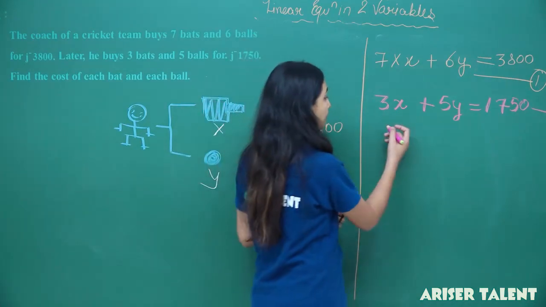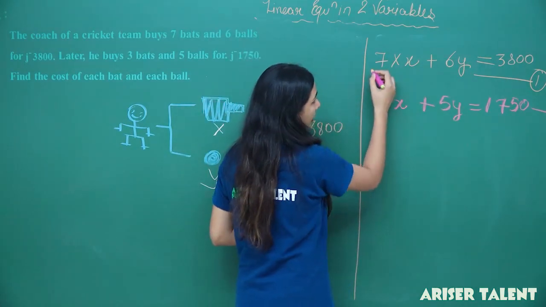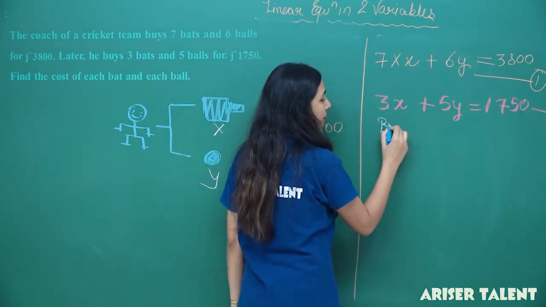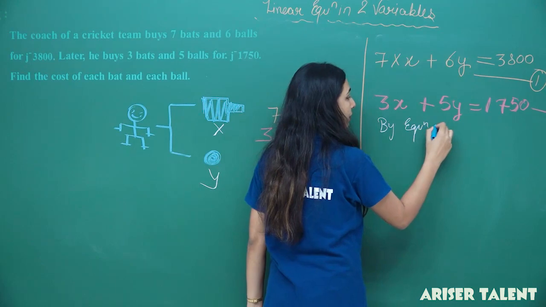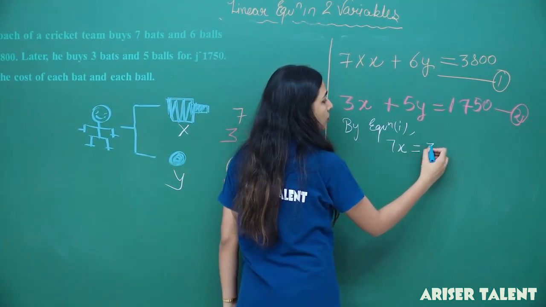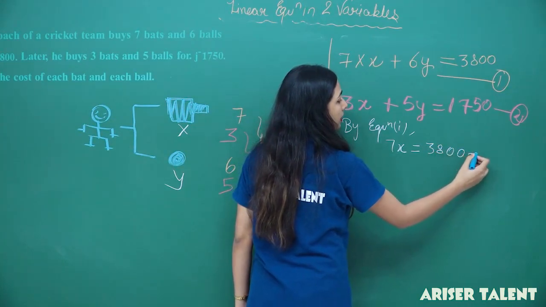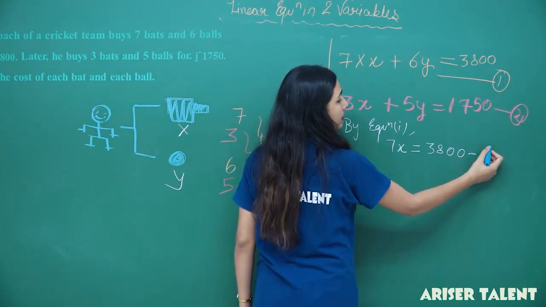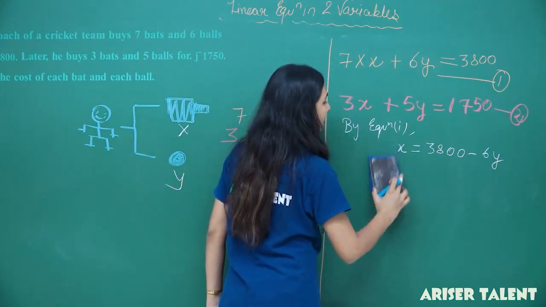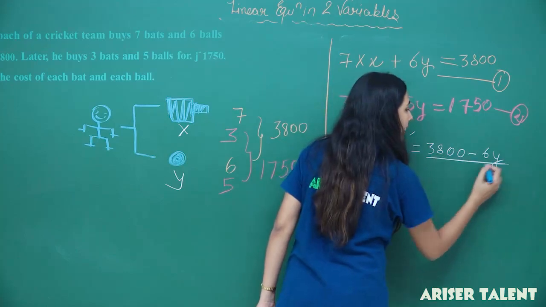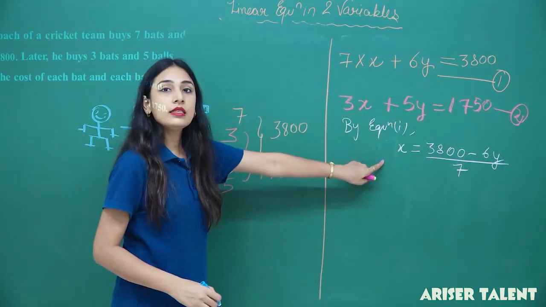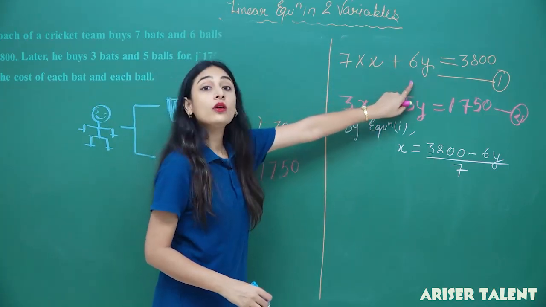So from equation 1, what will I have? 7x equals 3800 minus 6y, or I can say x equals (3800 minus 6y) upon 7. This is the value of x from equation number 1.